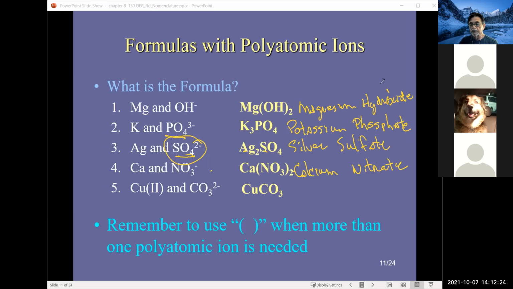Okay, notice again, no Roman numerals because these are part of the 16, no Roman numerals. Compared to this one, which says copper 2. So we write copper, Roman numeral 2. And then this is the polyatomic ion called carbonate.